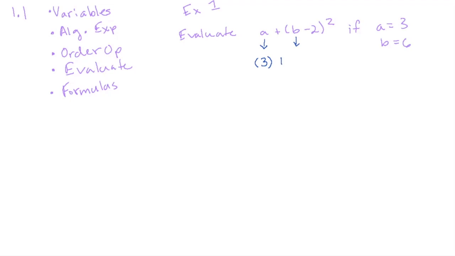So that's going to be plus 6 minus 2 squared. Notice the only thing we did is we changed a to be 3, and we changed b to be 6.